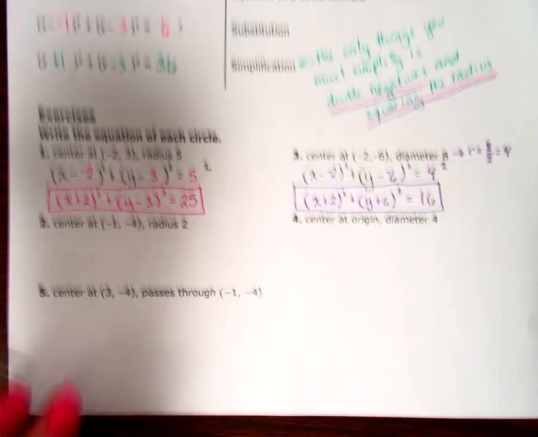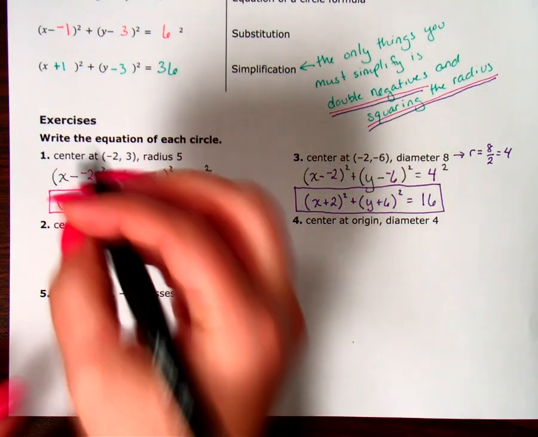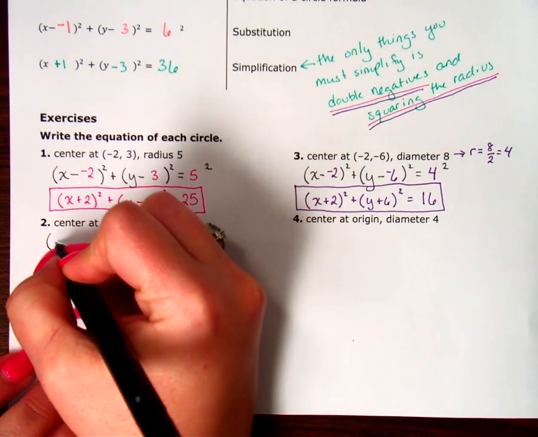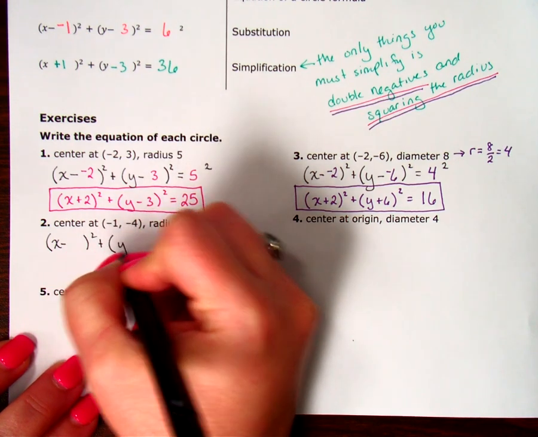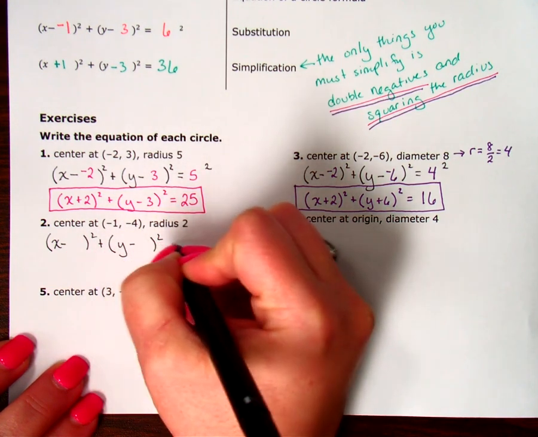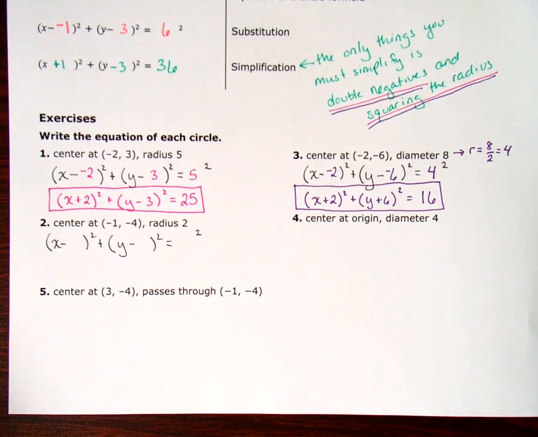Remember, I said the very first thing I like to always do is write the formula without the h, k, and r in it. So I'm going to write my x minus close parentheses squared plus y minus close parentheses squared equals my radius squared. So now all I have to do is fill in what's missing, right?